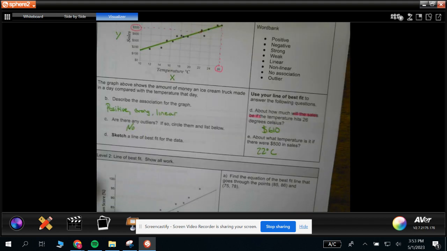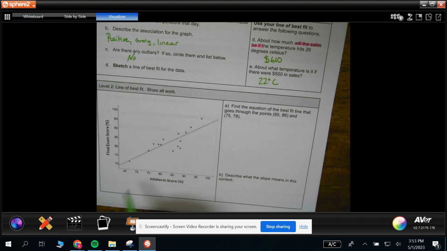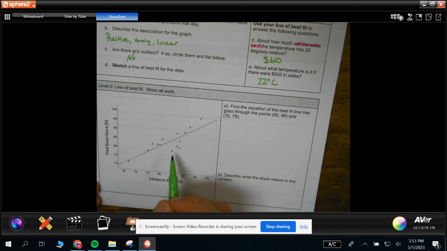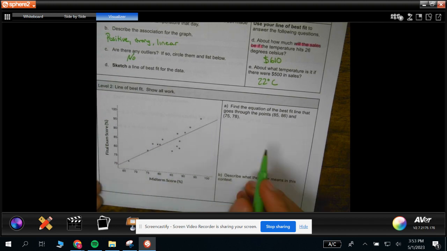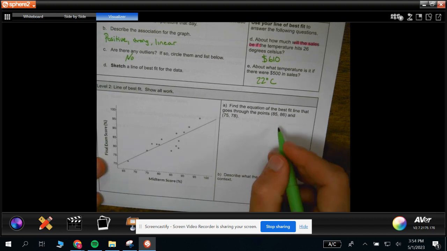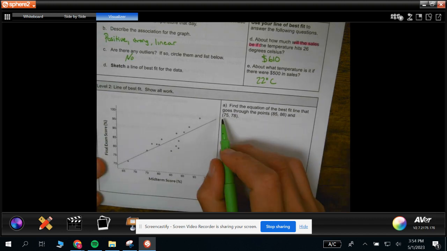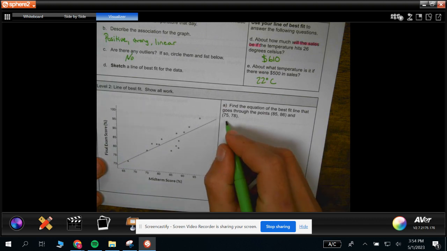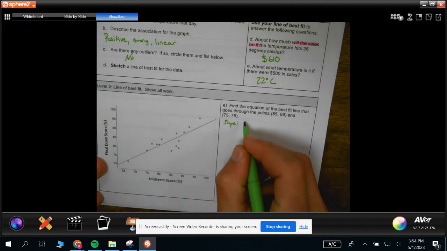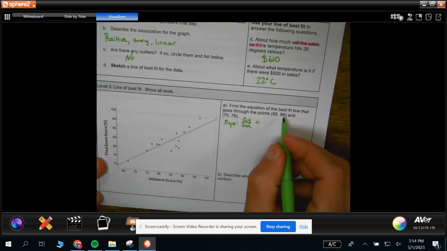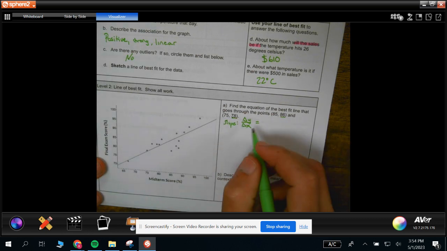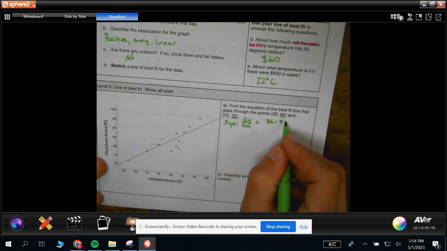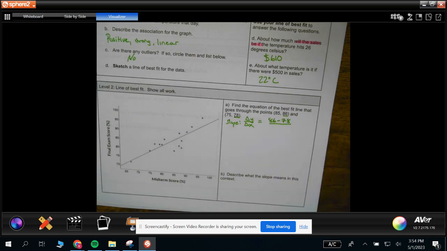That is level 1. Let's move on to level 2. For level 2, you are given data points. You are given a line of best fit. Now let's find the equation. Specifically, it goes through these 2 points, (85, 86) and (75, 78). Our first step is to find the slope. The slope is delta y over delta x. Our y values are 86 and 78, so 86 minus 78, over delta x.